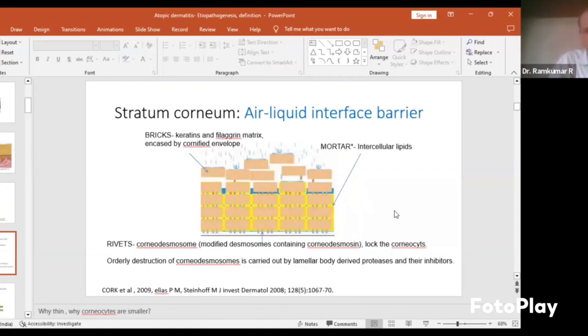You have got four components: natural moisturizing factors, then a cornified cellular envelope, a proteinaceous cell, then intercellular lipids. Not only that, these bricks and mortar are much more reinforced by rivets, which are bolt-like things that connect the corneocytes. So there are four components. Now it is called the air-liquid interface. It is very important to know the stratum corneum.